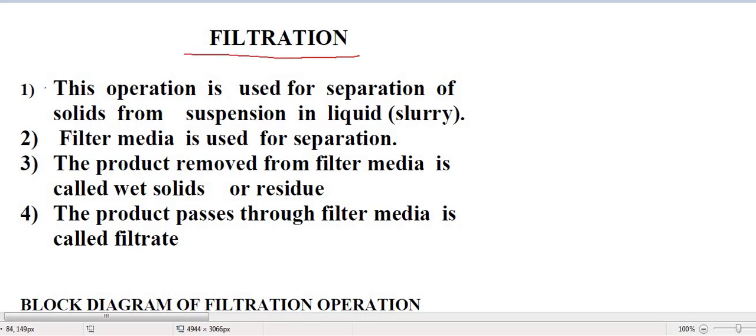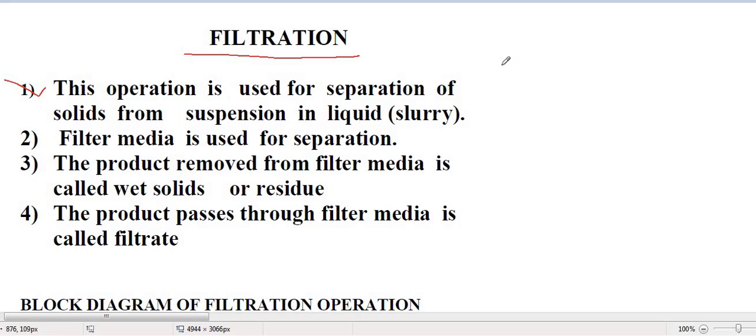So first point, filtration is operation used for separation of solids from suspension in liquid, that is slurry. So here very important that filtration is used for separation of solids from suspension in liquid, that is slurry.